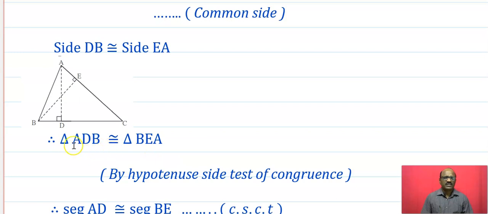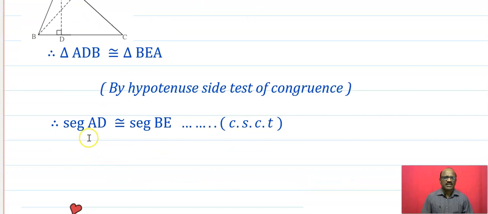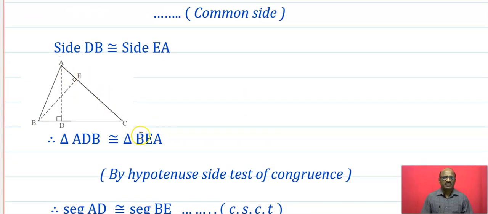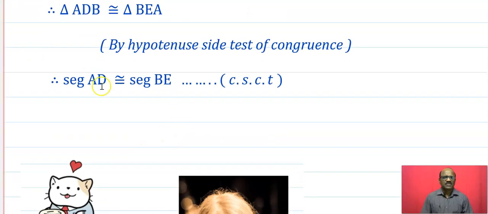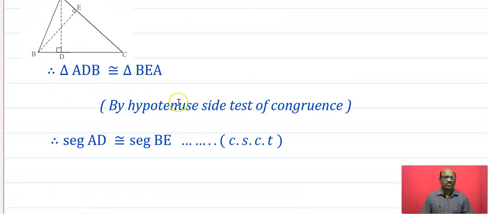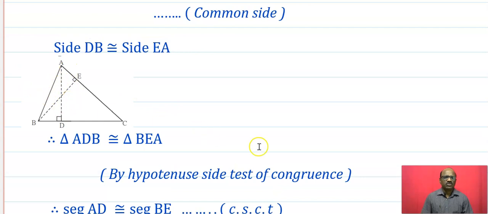Therefore, triangle ADB is congruent to triangle BEA by the hypotenuse side test of congruence. Therefore, segment AD is congruent to segment BE, and in this way we have proved that AD is congruent to BE.